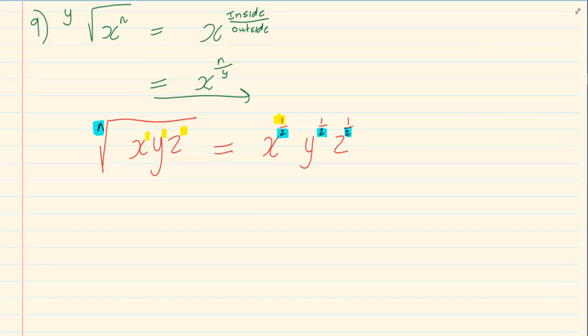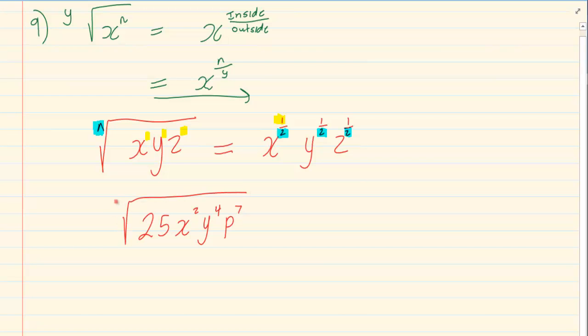Now let's make it a bit more challenging. If I gave you 25 x squared y to the power 4 and p to the power of 7, and we cube root it, then the rule is that it would also go to the number. So I would have had 25.